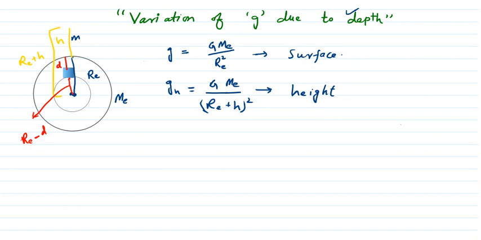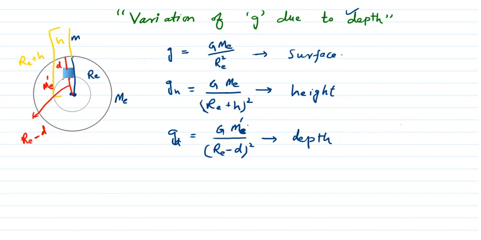And at this point the mass of the earth will become, let's say, Me prime, because it will change as we are inside the earth. So in this situation we will have g d at depth d, that will be capital G Me prime divided by Re minus d whole square.